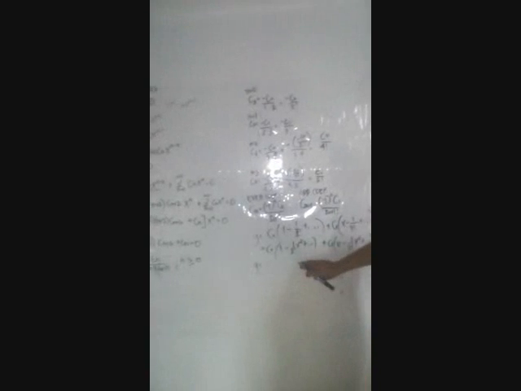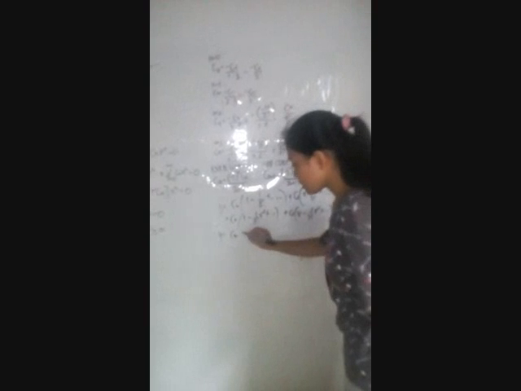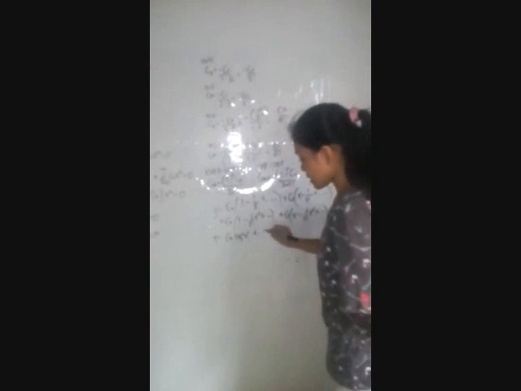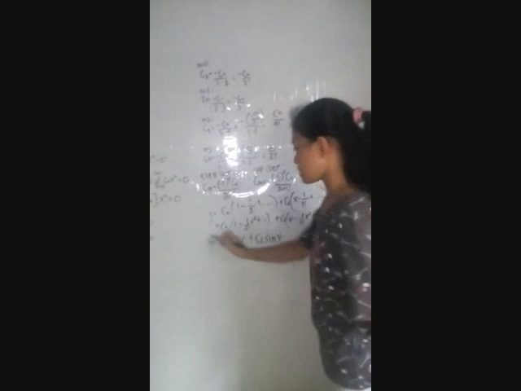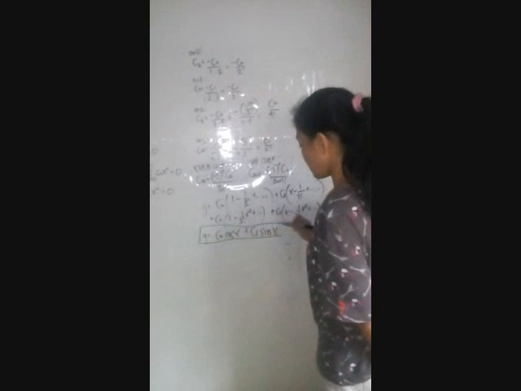So when we look up to our transcendental functions, it will also be similar to c_0 cosine of x plus c_1 sine of x. This is the value of our y.